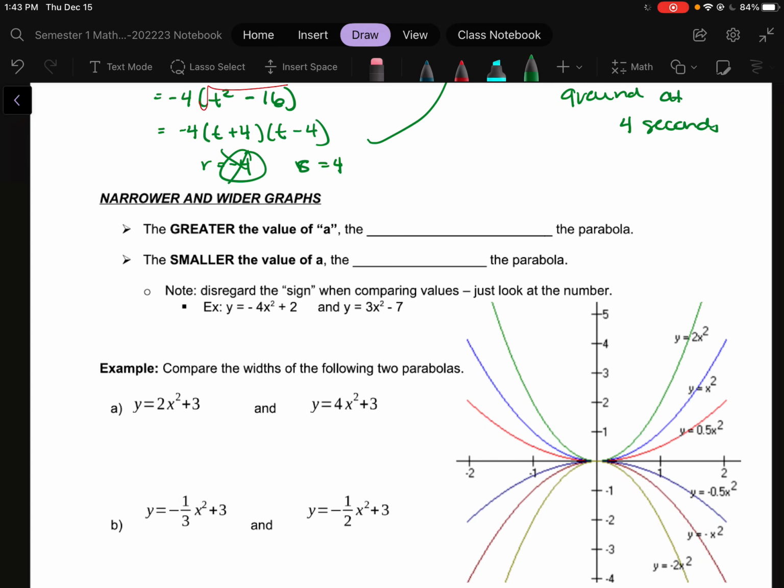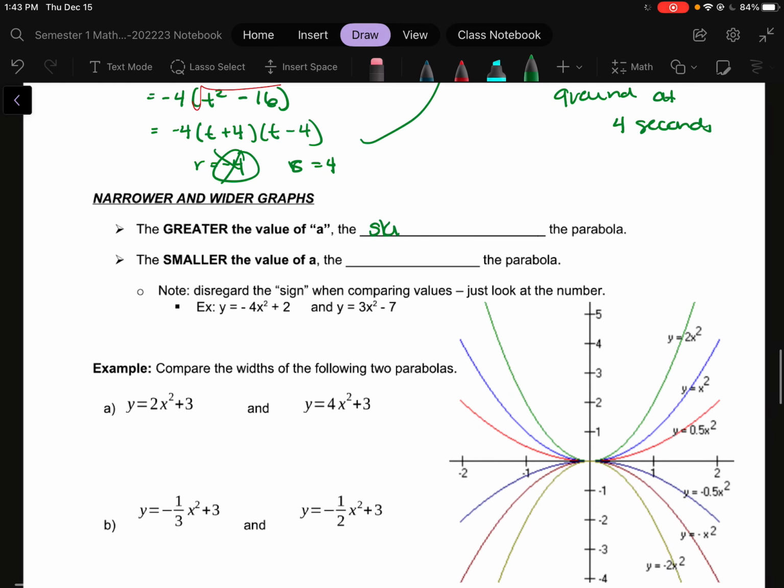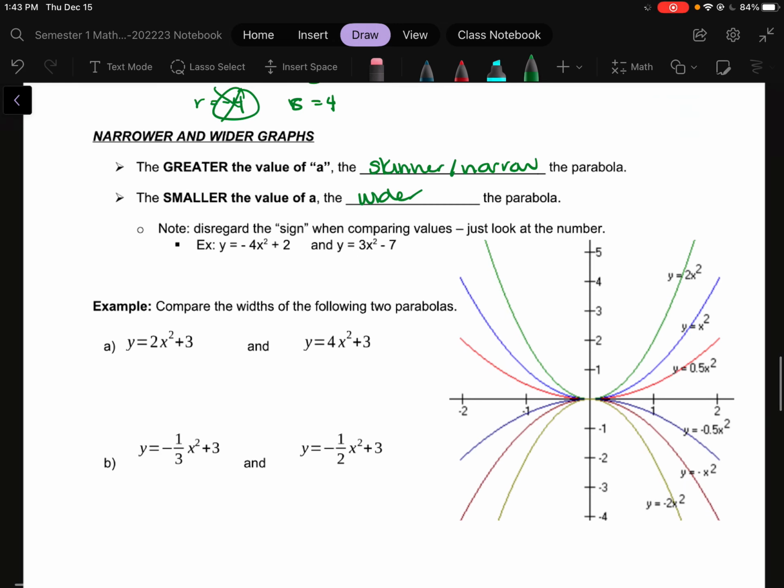So narrow and wider graphs: the greater the value of A, the skinnier or narrower the parabola is, and the smaller the value, the wider it is. So disregard the sign when comparing the values, just look at the number, okay? So in this situation, we have 4, which is our A. So for comparing 4 and 3 together, we can see which one has the greater value.